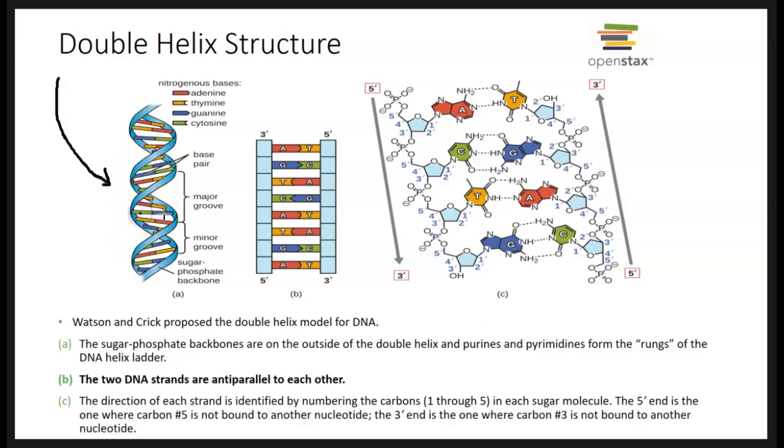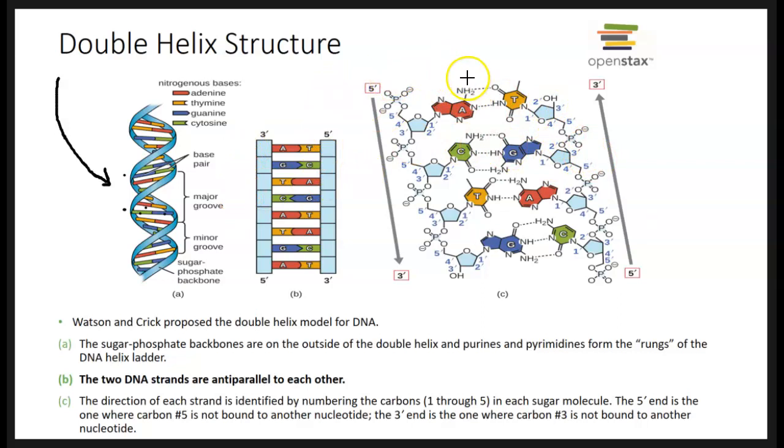We have these nitrogen bases in the middle that form these complementary hydrogen bonds. Around the outside we have these covalent linkages formed by those phosphodiester bonds. So we have the phosphates and sugar groups on the outside, and then those form the double helix structure.